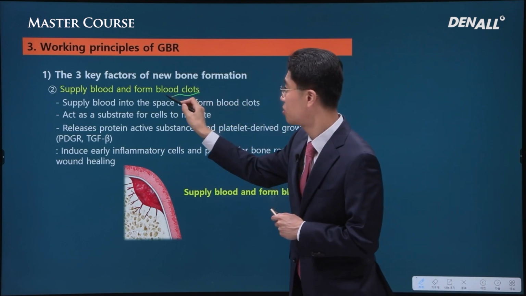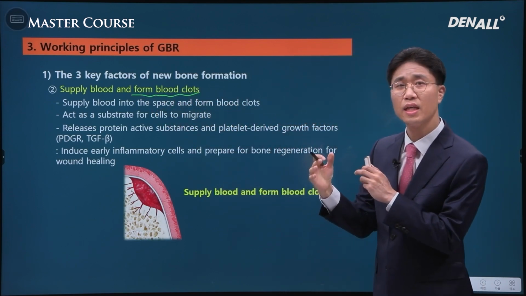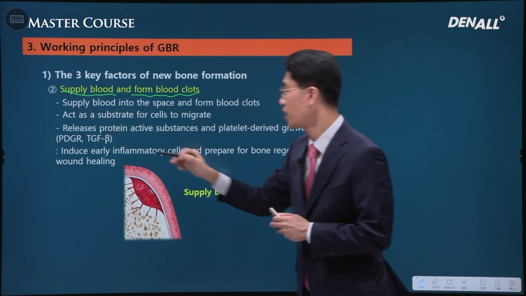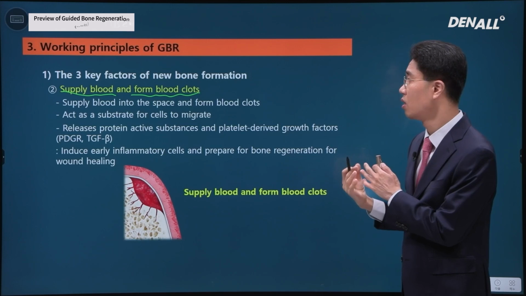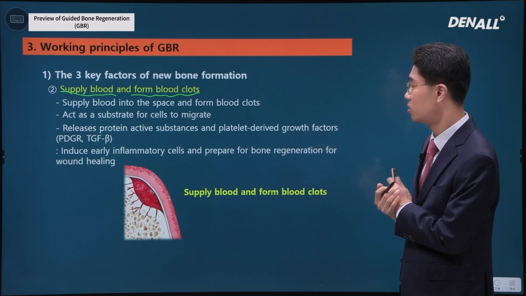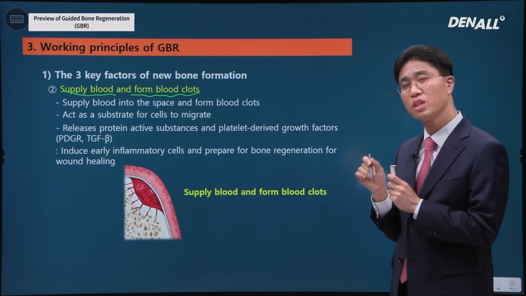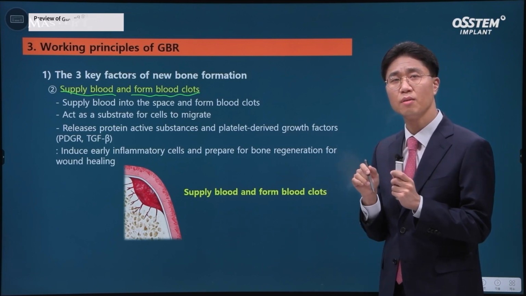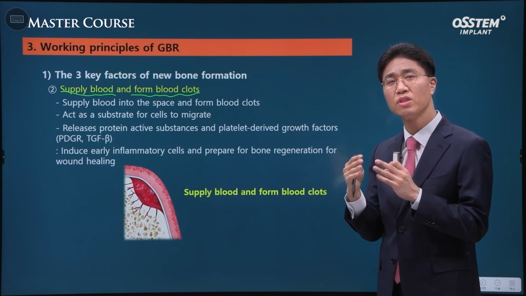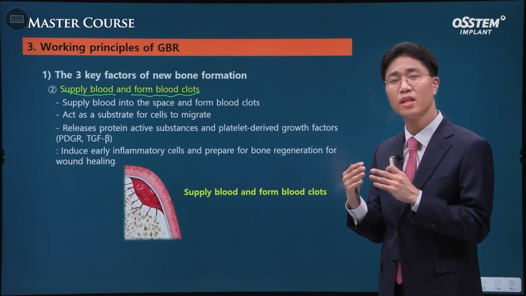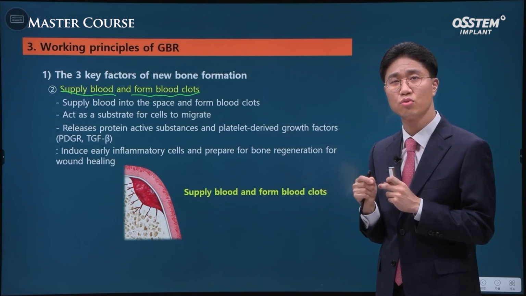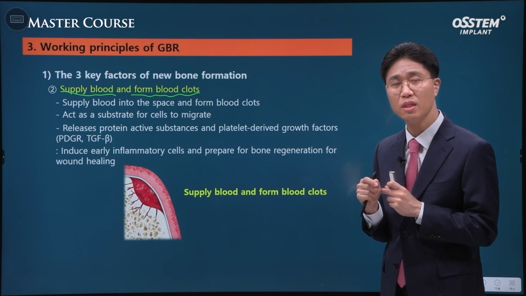Also, blood clot needs to be stably formed and there needs to be good blood supply. These conditions need to be satisfied for osteoblast to occur. For instance, when we place an implant in the lower jaw, because of thick cortical bone, blood supply may not be good. In order to overcome that, decortication is done.